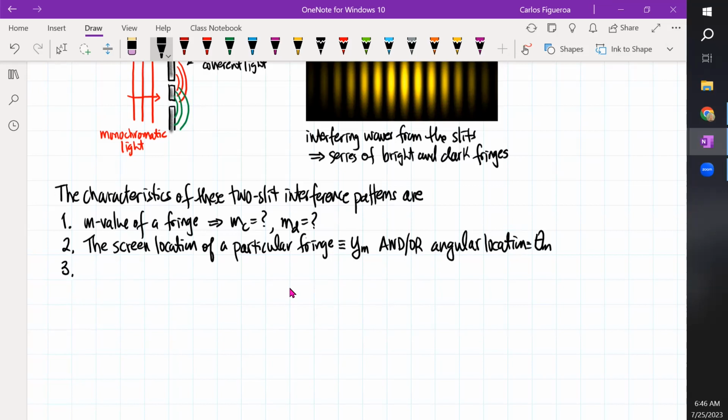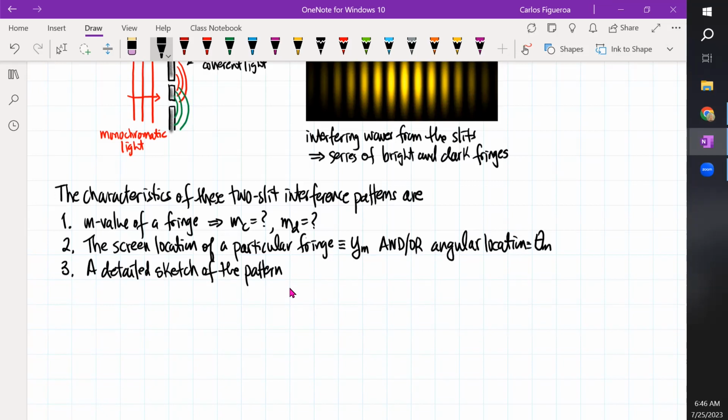Three, we want a detailed sketch of the pattern. So that's what I mean when I'm talking about the characteristics.